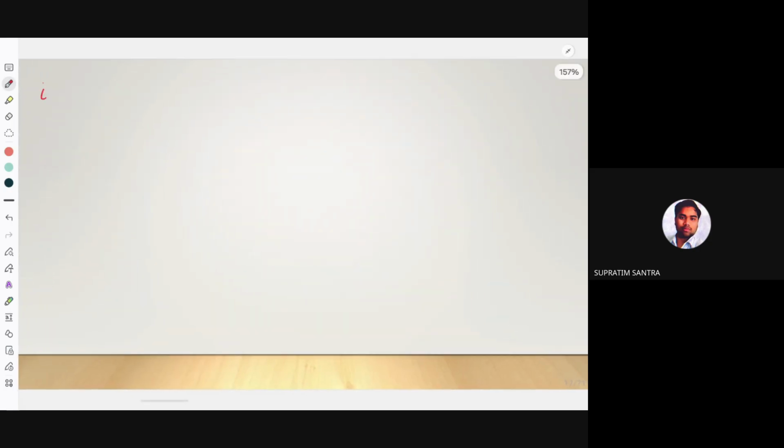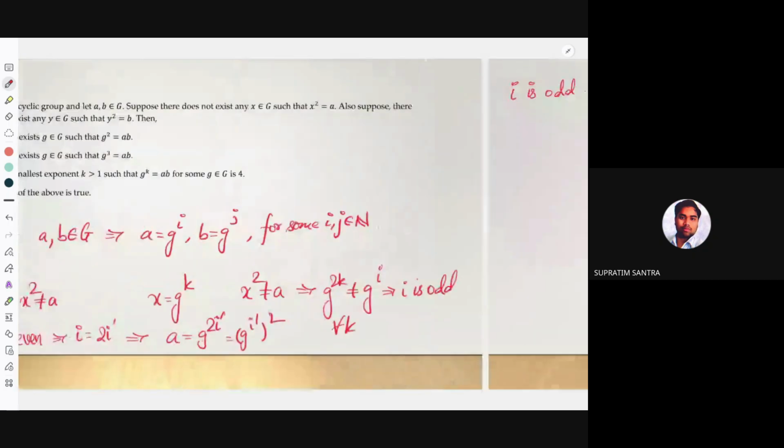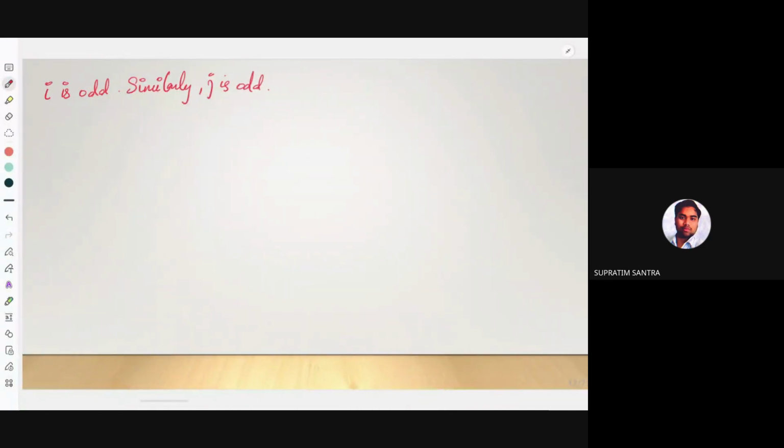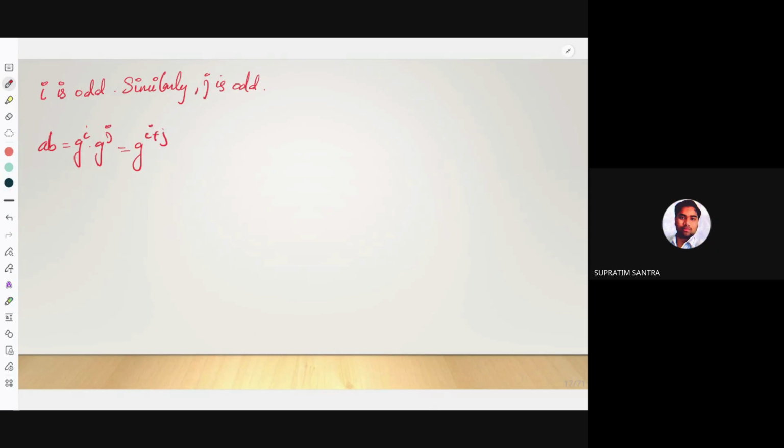And similarly, j is odd. Alright? Because we are given there exists no y such that y square is b. B is not square of any element in G. So j is also odd. So now what can we say about AB? AB is basically g power i times g power j, which is g power i plus j. So now i is odd, j is odd, implies i plus j is even.